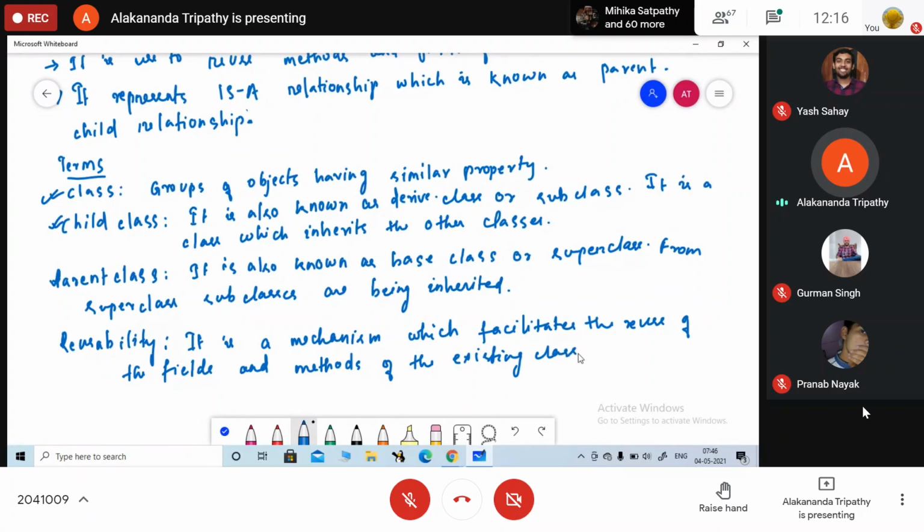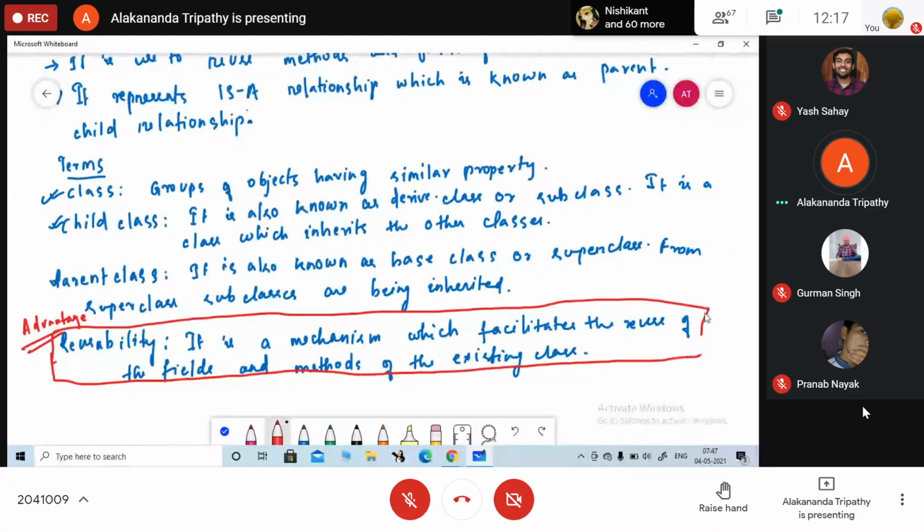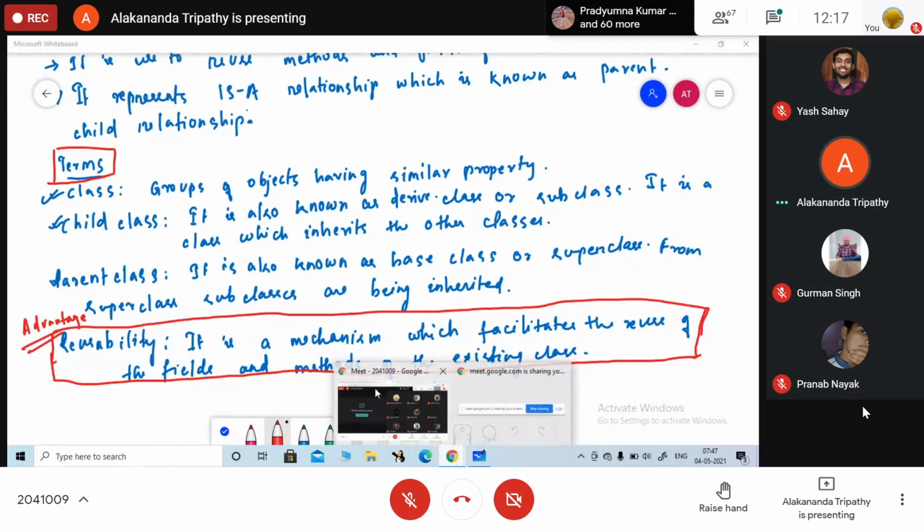Up to this, are all clear? Reusability is the feature or advantage of inheritance. Are you clear, all of you? And these are the terms you should remember while using the concept of inheritance. Are you all clear with it?